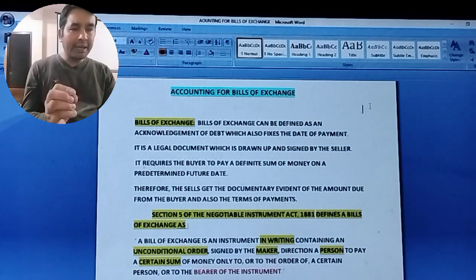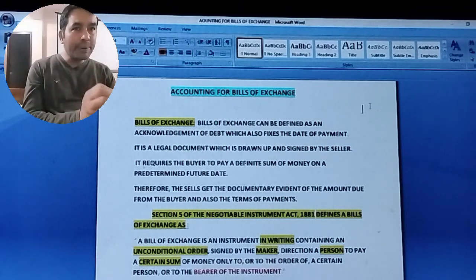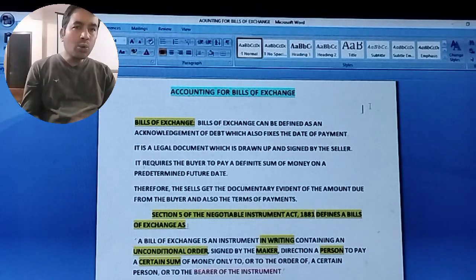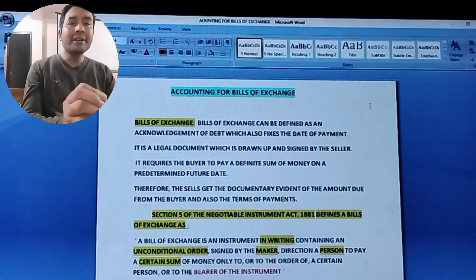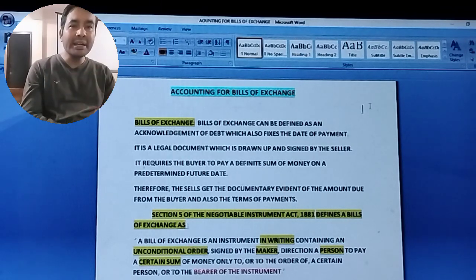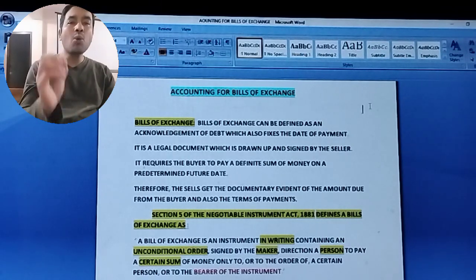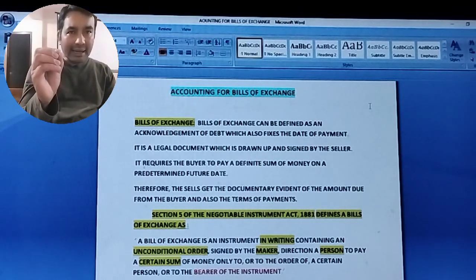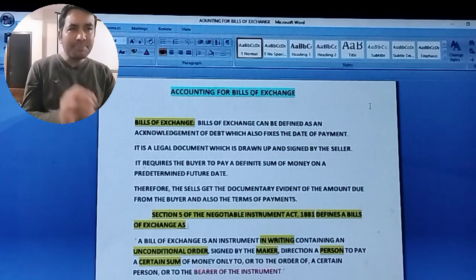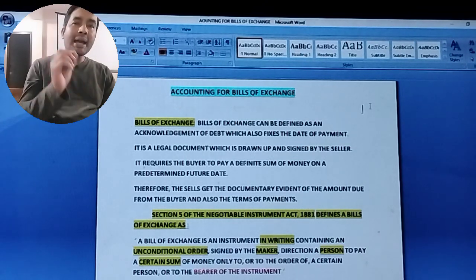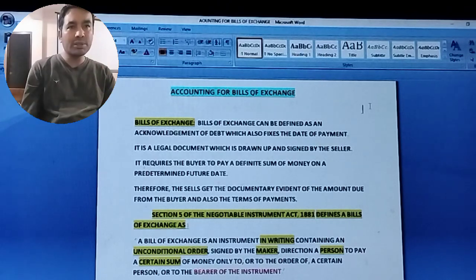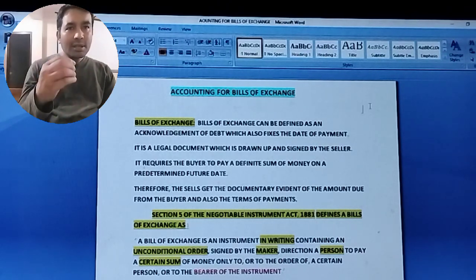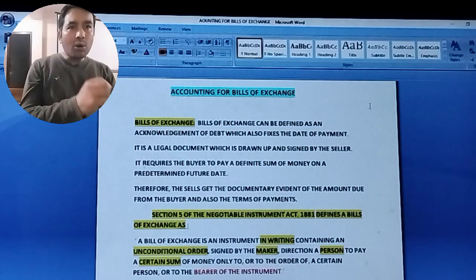Directing a person to pay a certain sum of money. And who is a person? The person here means the buyer who has purchased goods on credit and has to pay the required amount to the seller. So, in that bill, there is a direction specifying that a person has to pay a definite amount or to the order of a certain person or to the bearer of the instrument.